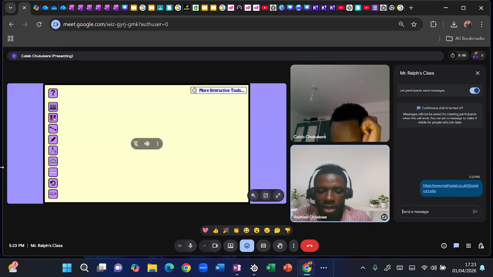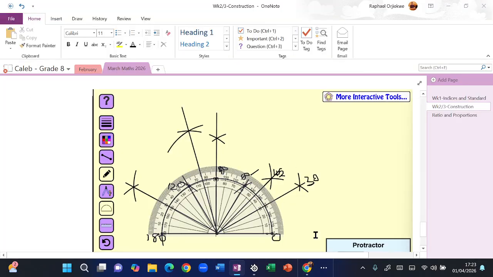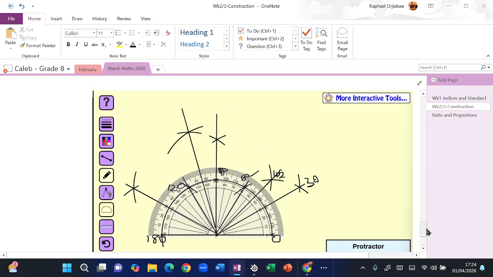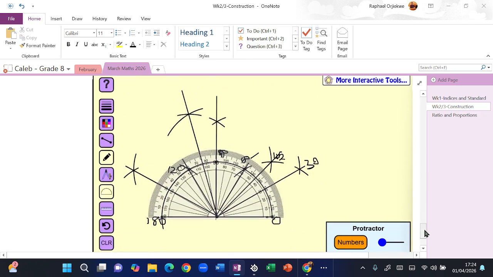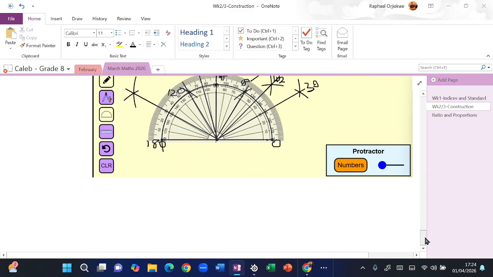Ensure your line is at the down part of it. You can equally view your OneNote later, because what I just did, I've included it in your OneNote already.